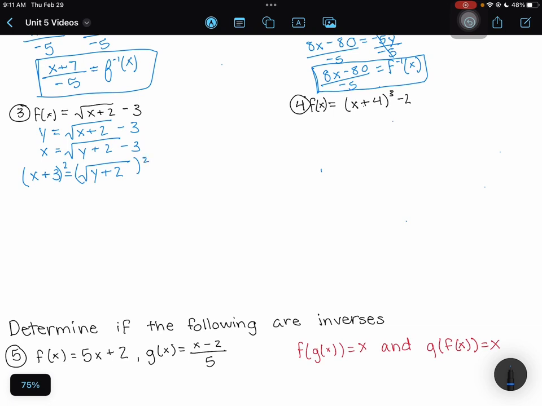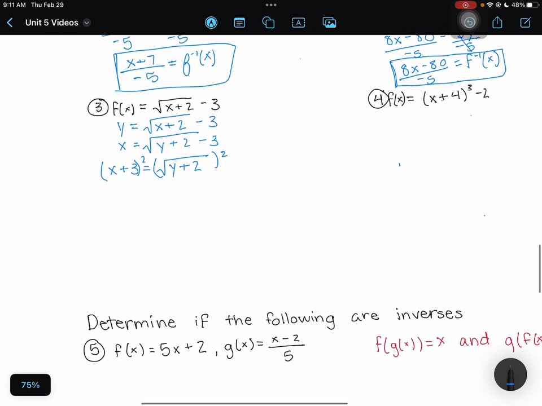So when I square the left side, I have to make sure that I'm multiplying binomial times a binomial. So I'm going to use a box. So x times x, x squared, x times 3, 3x, x times 3, 3x, 3 times 3 is 9. And then we see these two like terms that we can combine.